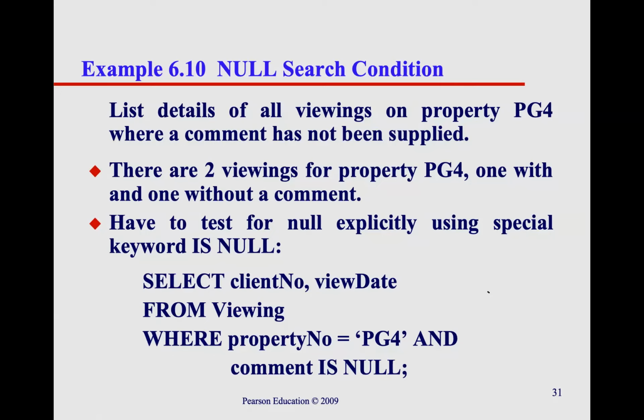Okay. So it's select some columns from a relation where some predicate. Now, I guess just a couple other quick things.